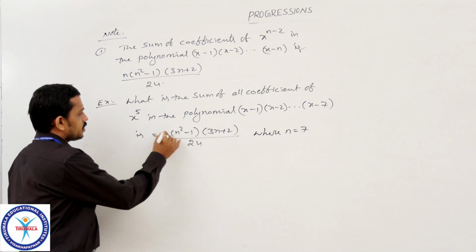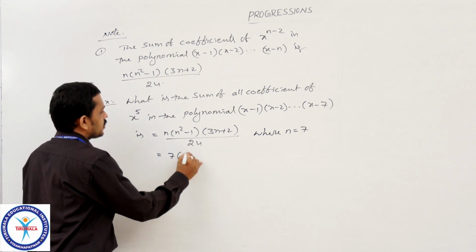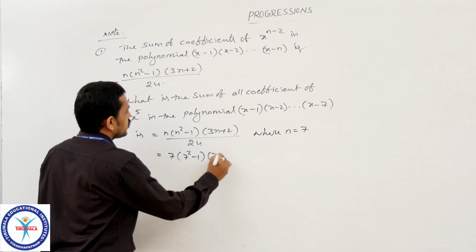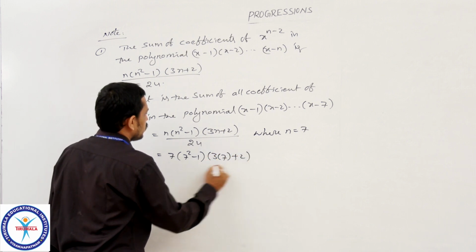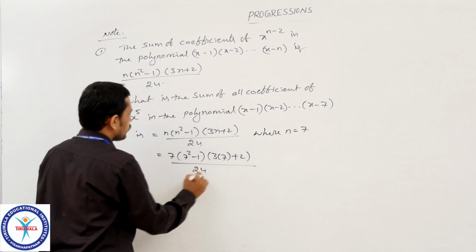So therefore 7 into (7² minus 1) into (3 into 7 plus 2) by 24.